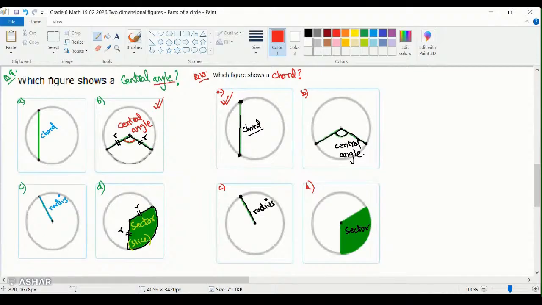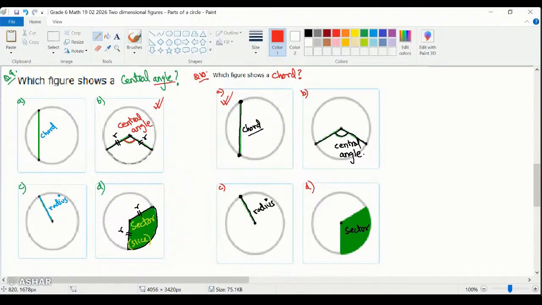Question number 10, A, Ashik. Right? A is a chord. C is the radius. Agreed? Question number 10. Option A is a chord.